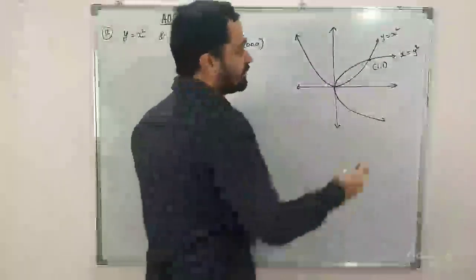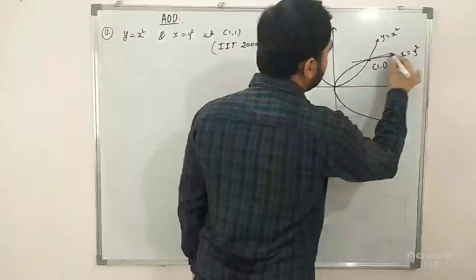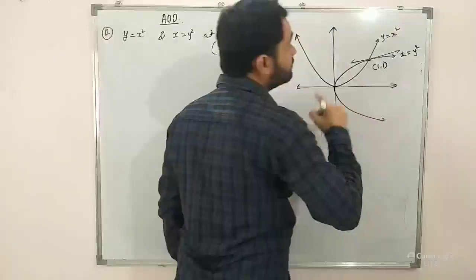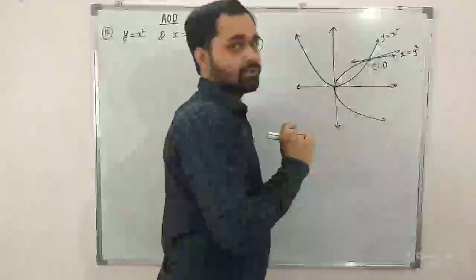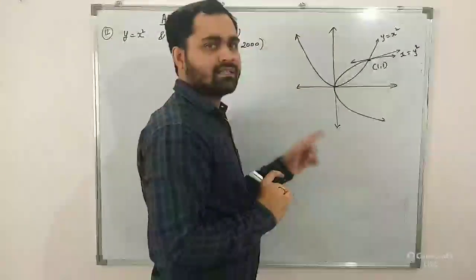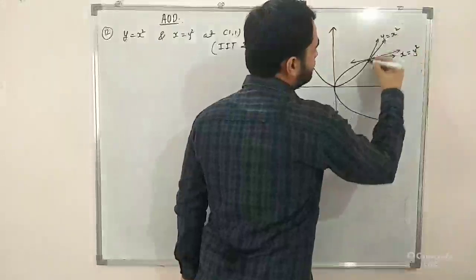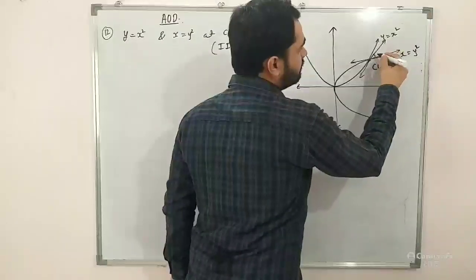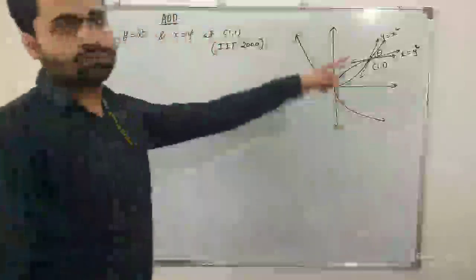What is the angle of intersection? The angle of intersection means the angle between the tangents drawn at the intersection point, and one tangent is here. So basically we want to find the angle between the tangents at point 1 1.